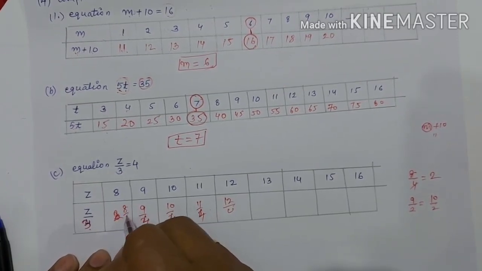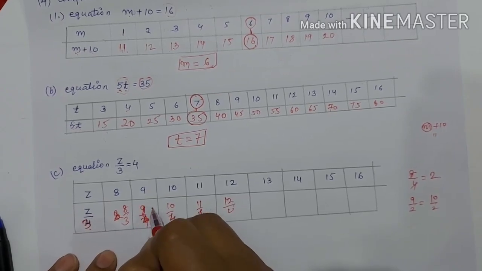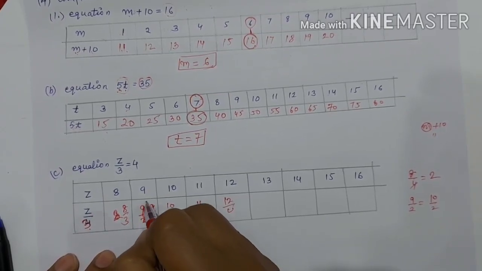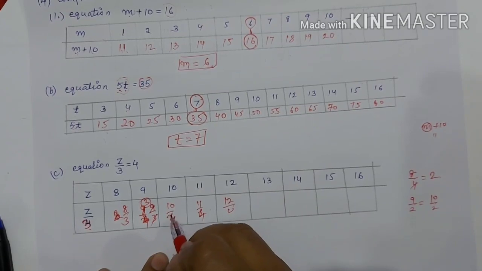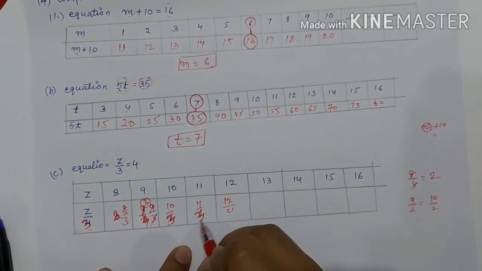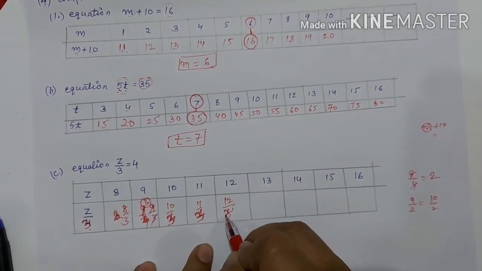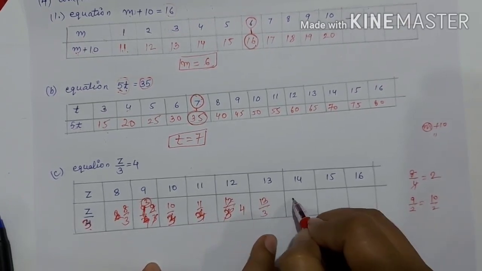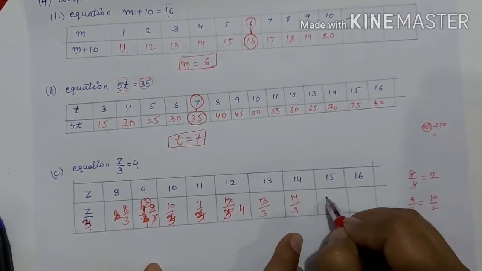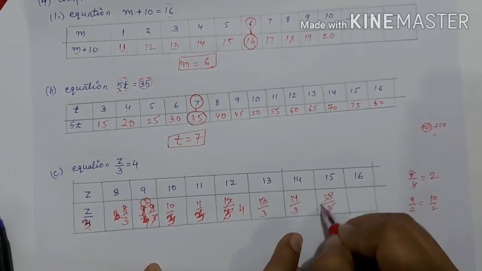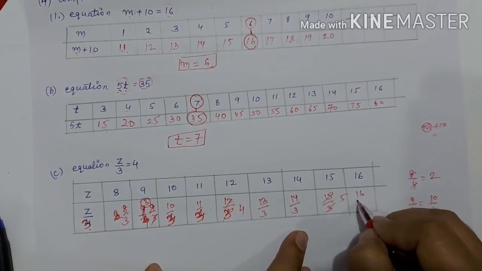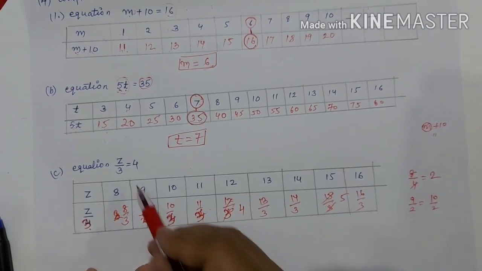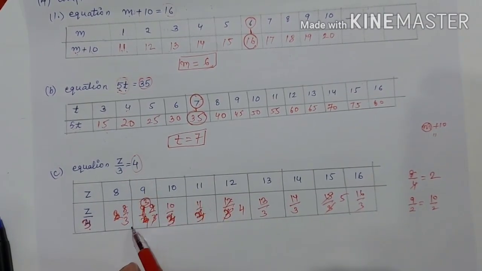So 8 upon 3. Here 9 upon 3 is 3. 10 upon 3. 11 upon 3. 12 upon 3 is 4. Then 13 upon 3, 14 upon 3, 15 upon 3 is cancelled, that is 5, and 16 upon 3. Now the value is 4. Where does the 4 come?